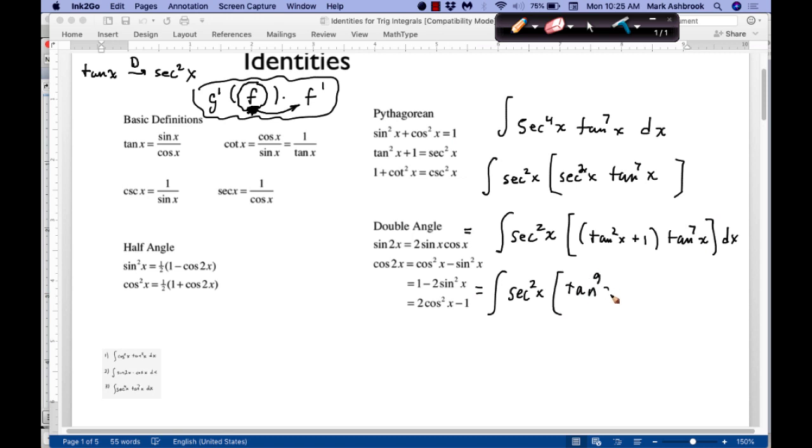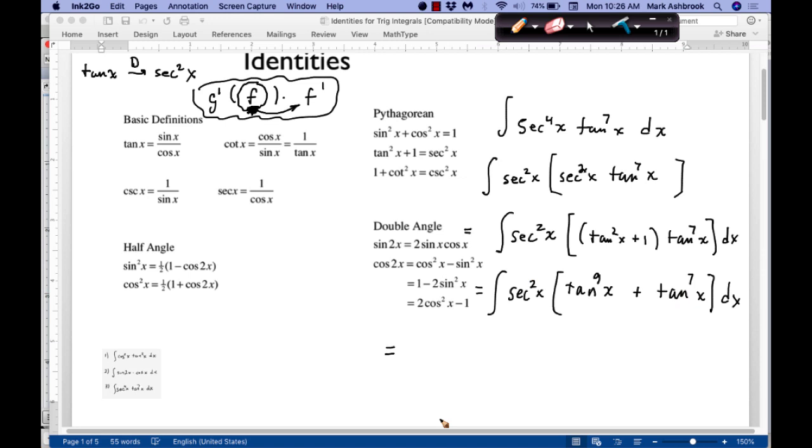Second term is? Do you see what's happening? What's this now? That's secant squared times tangent to the 9th. And then secant squared times tangent to the 7th. Can you do it? Yeah, because secant squared is the derivative of tangent. We've just set it up for undoing the chain rule.